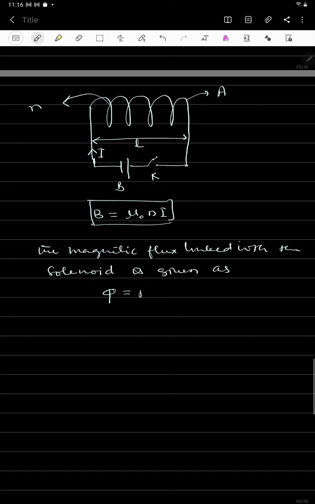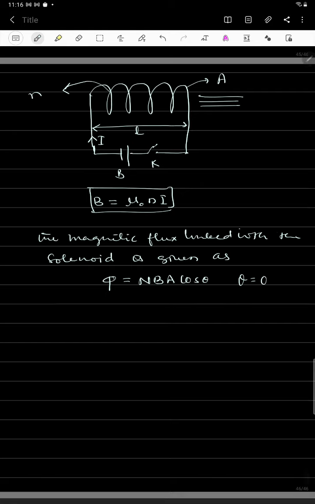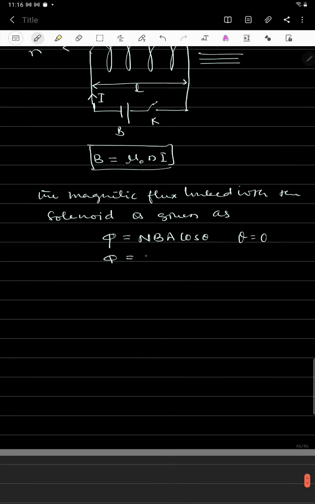So here the number of turns is N, and the magnetic field is linked to the area along with the angle, so cos theta. Now see here, this is the direction of the magnetic field, and here theta becomes 0. So theta is 0, then phi equals N B A we can write.